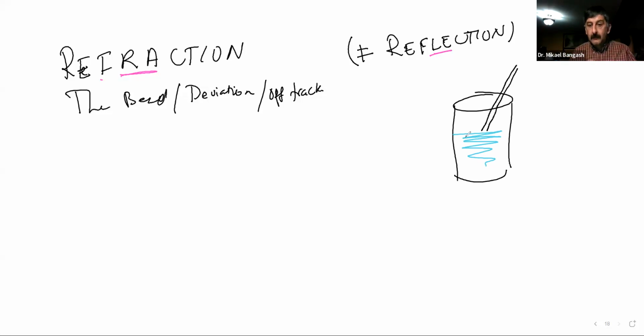Now, guys, practically, your straw is not going to bend physically, right? It's just going to travel straight down like this. But what we actually see is as if it has bent like this. Clear?